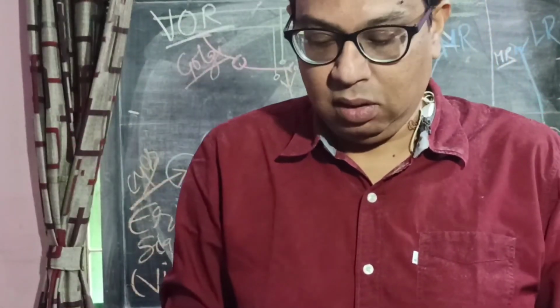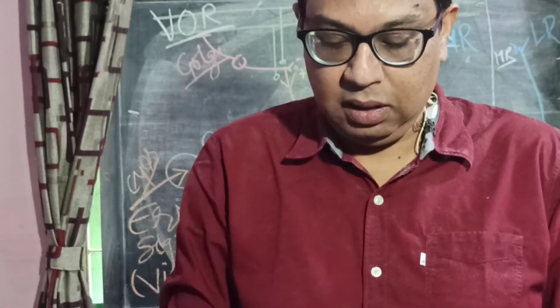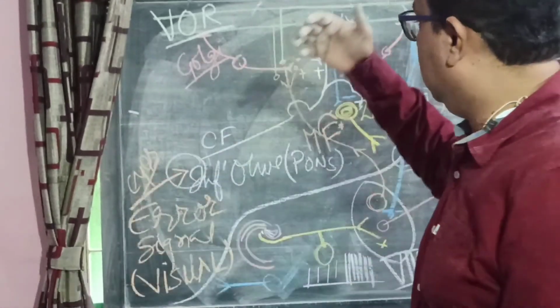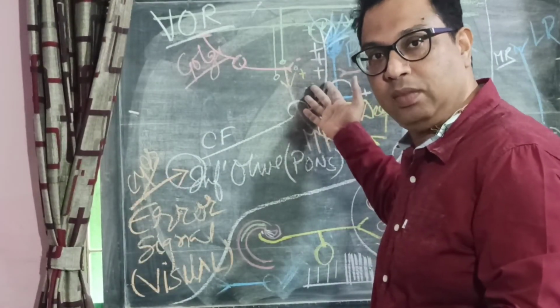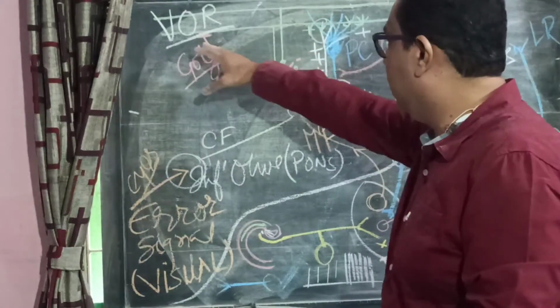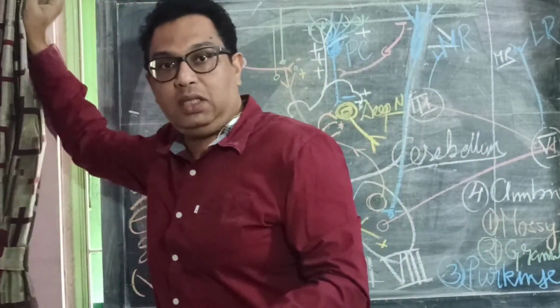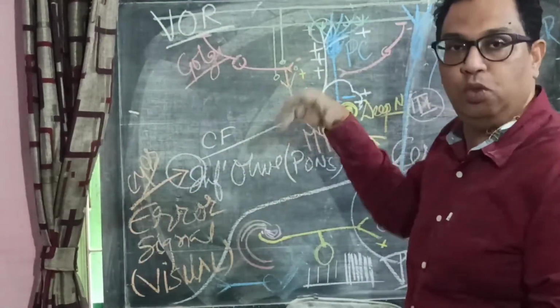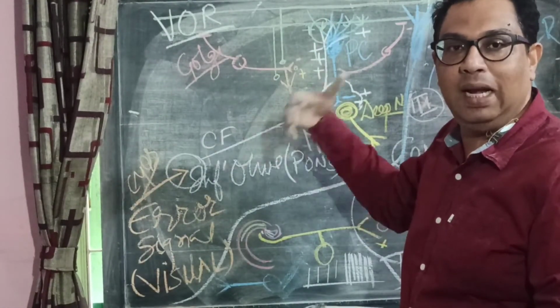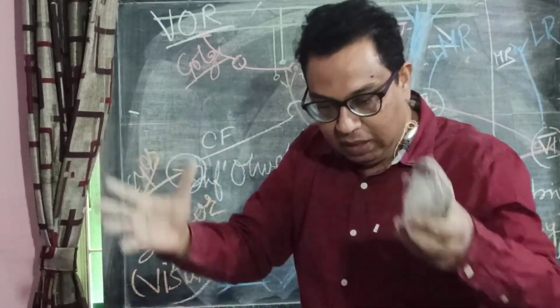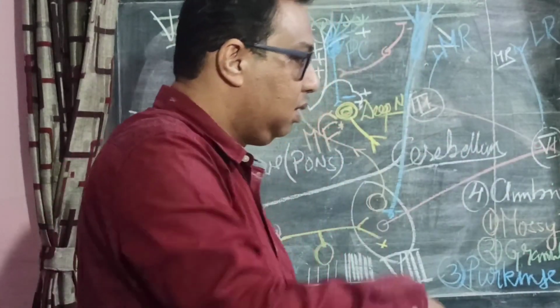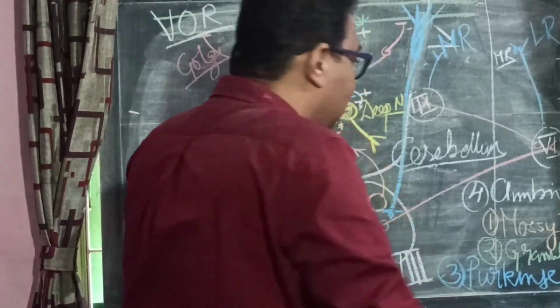Smooth pursuit also involves the cerebellum, particularly the vermis, whereas in VOR, the flocculus is involved. In smooth pursuit, the flocculus and the vermis, along with some other intermediate area, are also involved, and the basal ganglia is also involved.